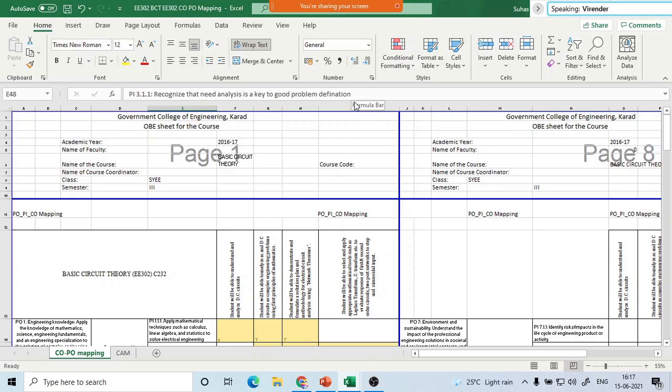Sir, one doubt I was having is that from this vision we are evaluating, we are mapping the mission and then the PEOs, and the program outcomes are established by the AICTE.